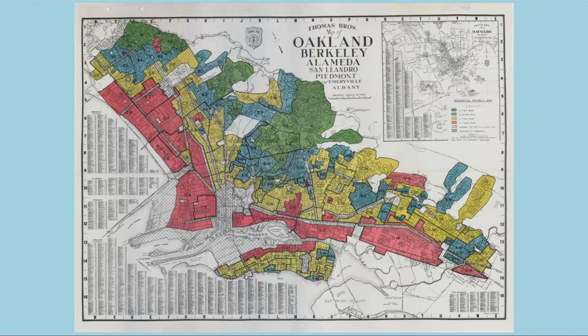And the upper green areas were labeled grade A because these areas were considered the most desirable for housing investment because there was stable housing and there were high populations of white residents.